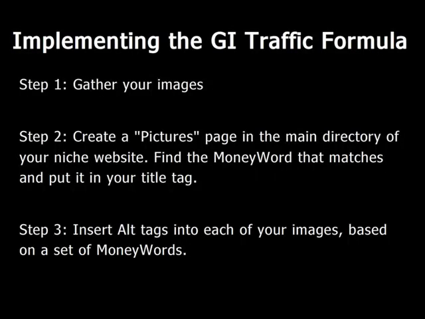Step two is to create a pictures page in the main directory of your Niche Marketing 2.0 website. Find the money word that matches and put it in your title tag. And then step three is to load your images onto the page and then insert alt tags into each of your images based on a set of money words.